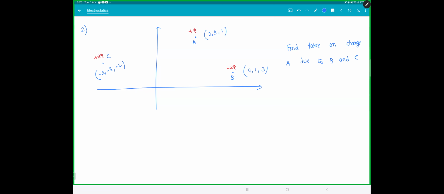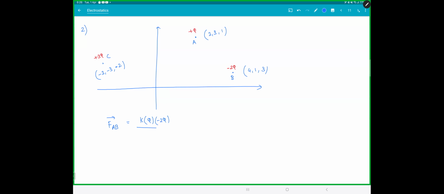Let's see. Now look at this. If I look at the force between A and B, K, the charges will be Q and minus 2Q. I'll just keep them, assume they're positive charges.